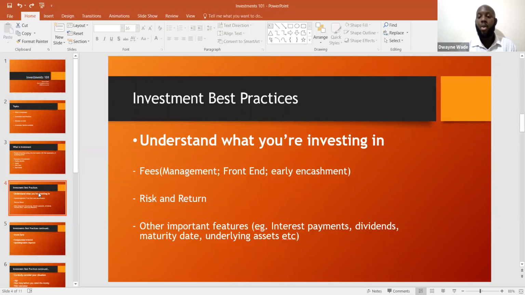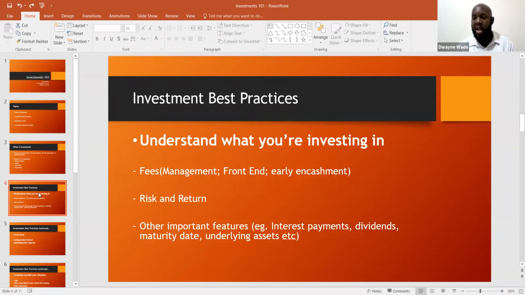But we need to know fees. Some investment products charge management fees, right? And it's not always outlined, right? Sometimes you have to ask, of course, unless you have a JMMB financial advisor or investment advisor where we give all the information you need up front, right?